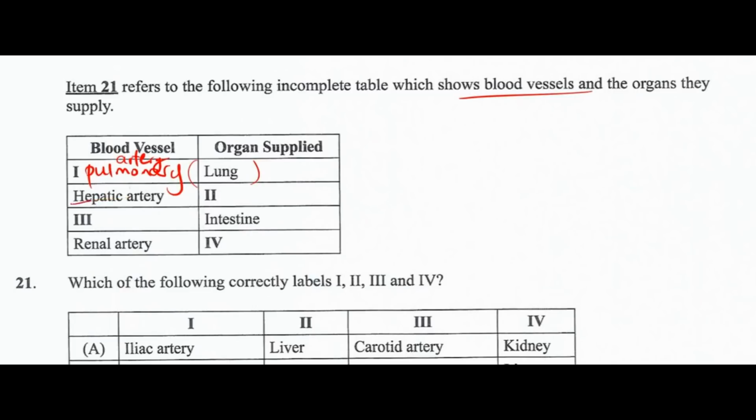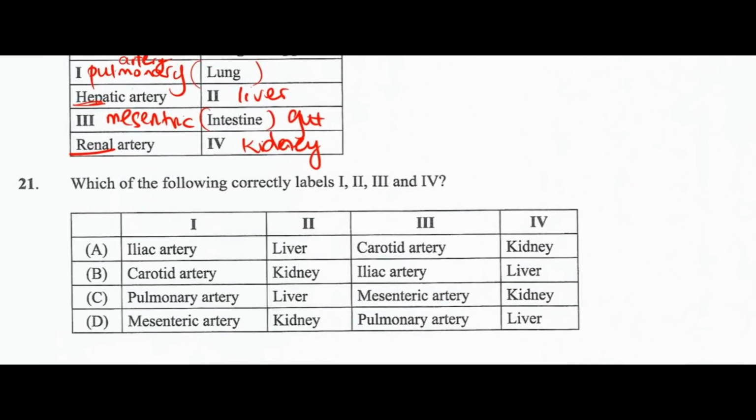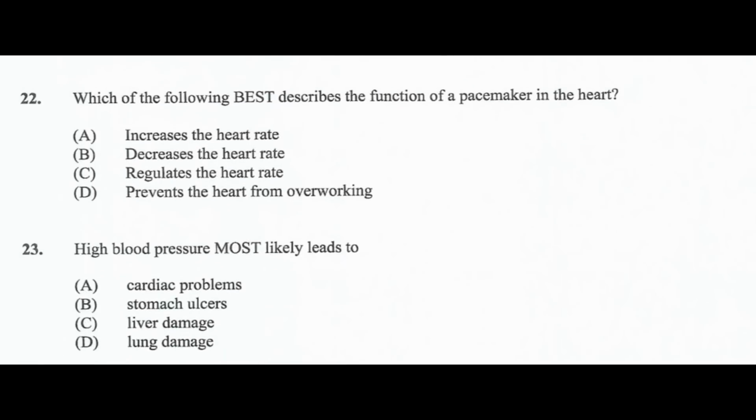Hepatic refers to the liver, so anything hepato is for the liver. The intestines, or the gut, is for the mesenteric artery. Renal refers to the kidneys, so we're looking for pulmonary artery, liver, mesenteric artery, and kidney in that order. So the answer looks like C to me, because that's the only one that starts with pulmonary artery, but still check. Pulmonary artery, liver, mesenteric artery, kidney. Very good. So we got that easily done.